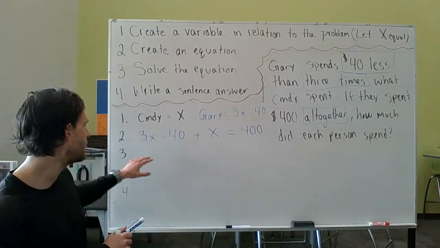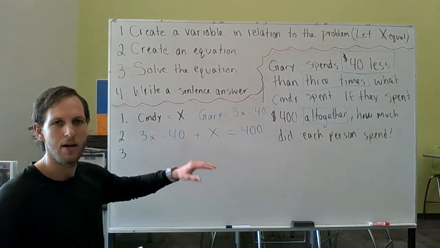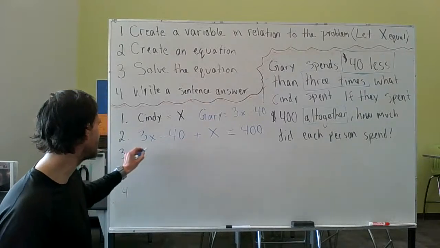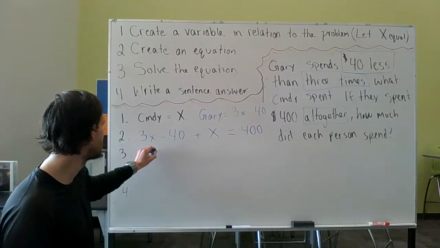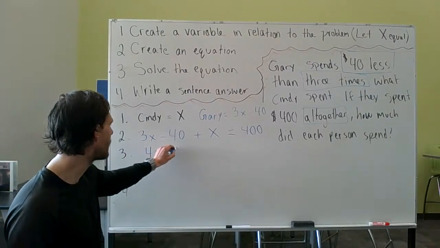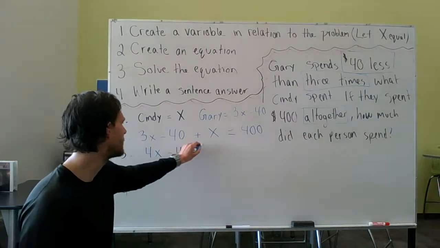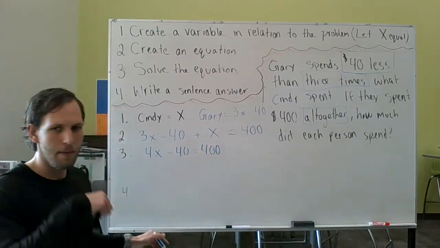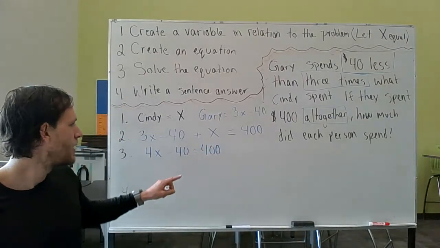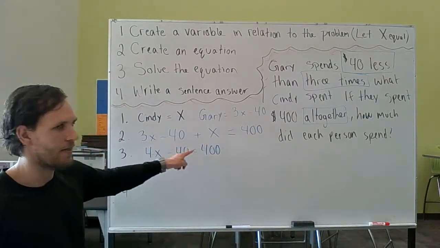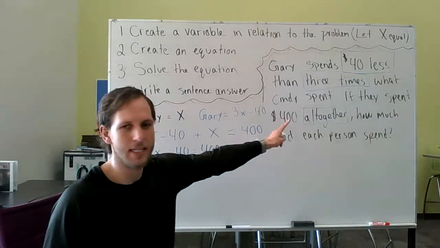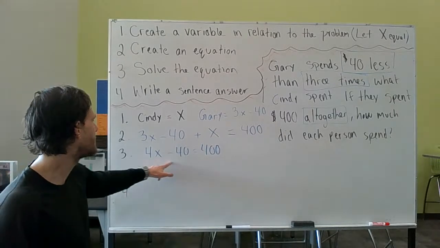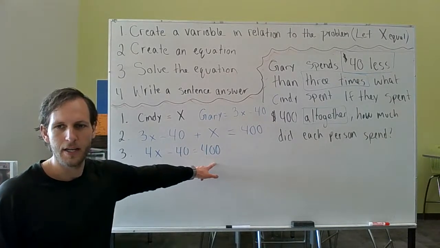So I would rewrite this equation or work on solving it by saying 3x plus x is 4x minus 40 is equal to 400. Here's one of the mistakes that people make when this type of question is happening. We forget to add the people together. So as soon as you see the word altogether, that's a tip. So 4x minus 40 is equal to 400.